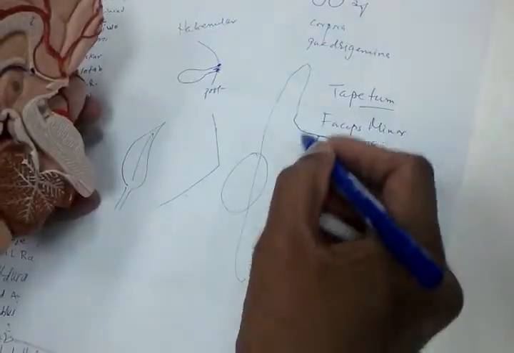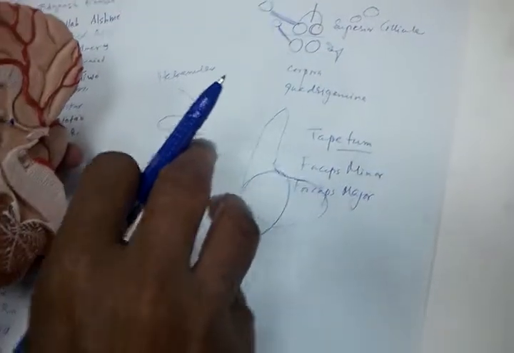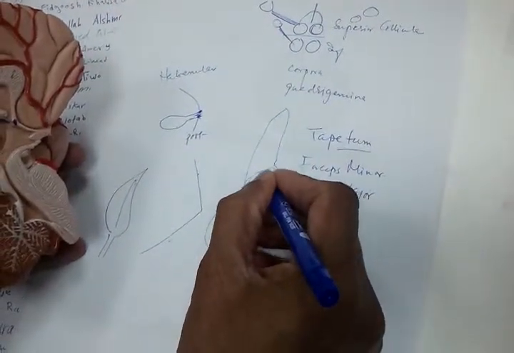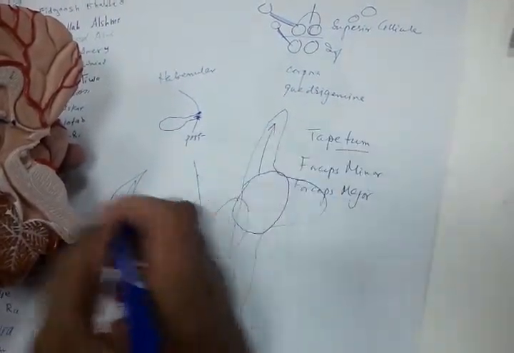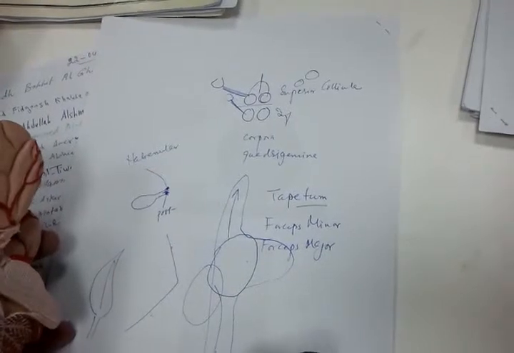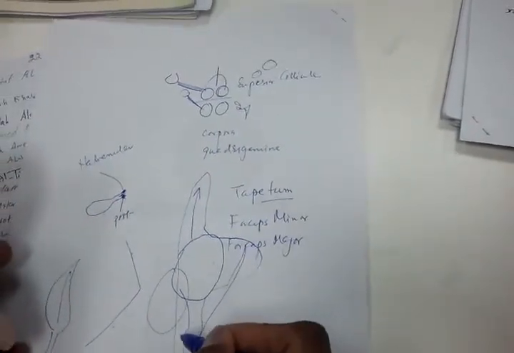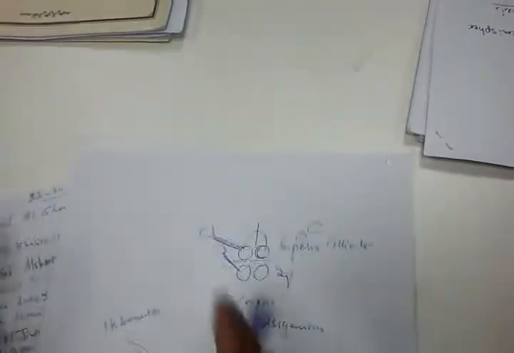This main part of the lateral ventricle is known as the body. This extension of the cavity into the frontal lobe is known as the anterior horn, this extension into the occipital lobe is the posterior horn, and this extension into the temporal lobe is the inferior horn.